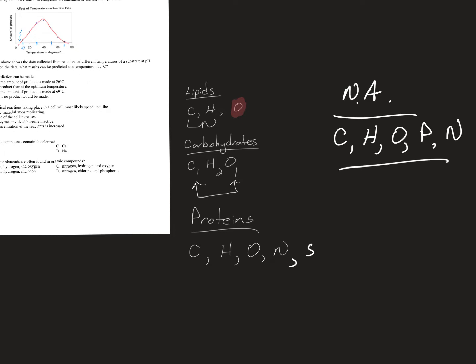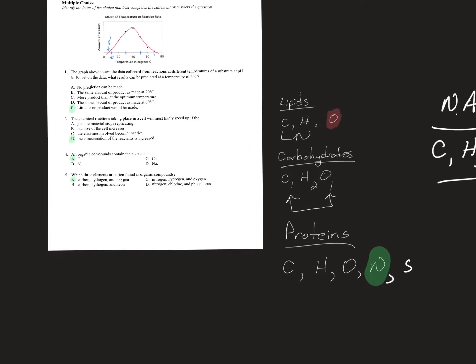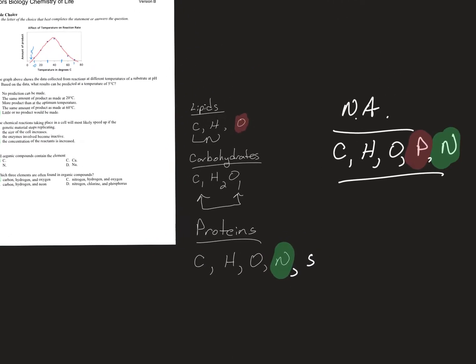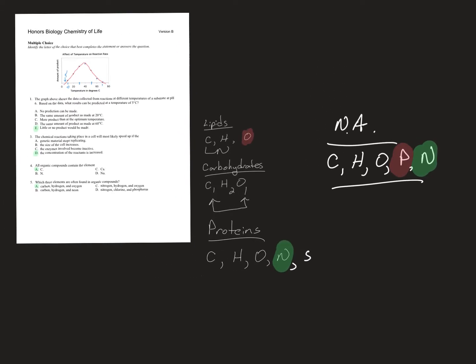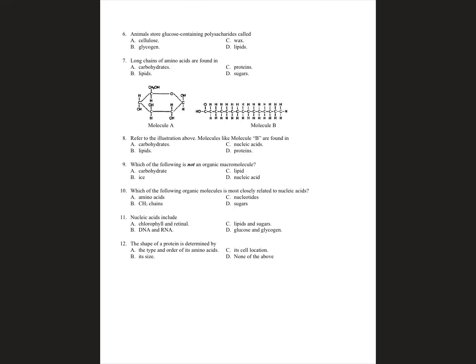So you'll notice that there is nitrogen in both of these, but nucleic acids are the only ones that have phosphorus. And notice that there's no nitrogen in lipids or carbohydrates in general. This is what we talked about in class. If you knew that much and you remembered organic, you got most of these answers on the first page correct. And you remembered how to graph and how to use a graph to predict values.